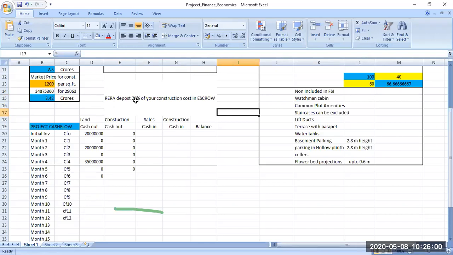So we take 70% of the construction cost, which is 3.48 crores, and we deposit it in there. Again, this is cash out. Cash out as in we are paying the money. It's going from our pocket.